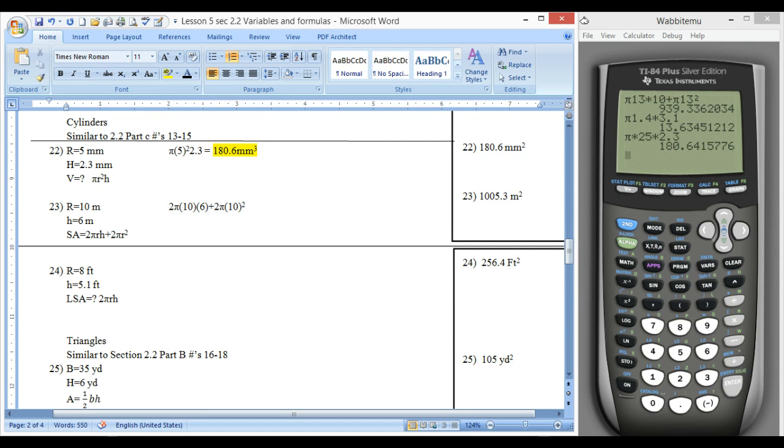Okay, so 2 pi times 10 times 6 is 60, and 2 pi 10 squared is 100. So I could do part of that in my head, or I could do it all in working it out, or I can use my calculator. So this one would be 60 times 2, which gives me 120. So that's 120 pi plus 100 times 2 is 200 pi.